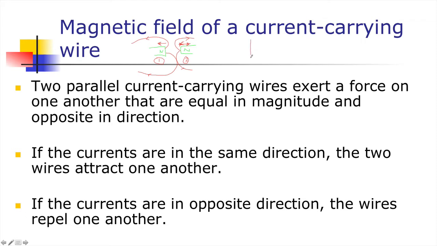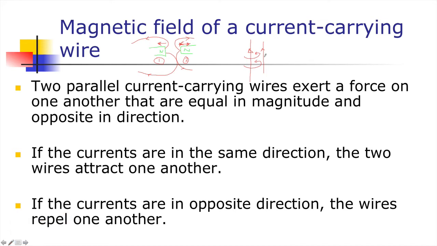Now if you have a current carrying wire, let's say like this, and it produces a magnetic field that surrounds it like that, then you bring in another current carrying wire. Let me use a different color so that we can see.